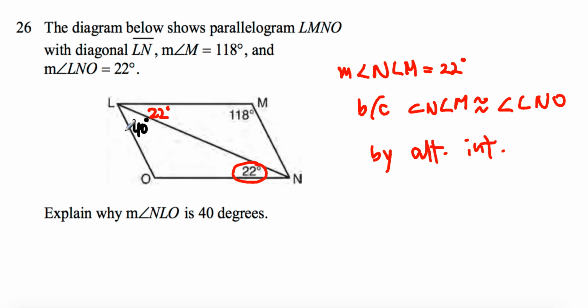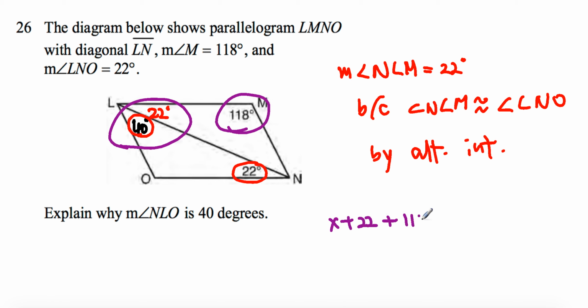Now, if I were to call this angle X, let us say I didn't know, I want to show that it's 40. So when I add up all these angles here, they have to add up to 180 because consecutive angles add up to 180. So we get X plus 22 plus 118 has to be equal to 180. Why? Consecutive angles in a parallelogram add up to 180.